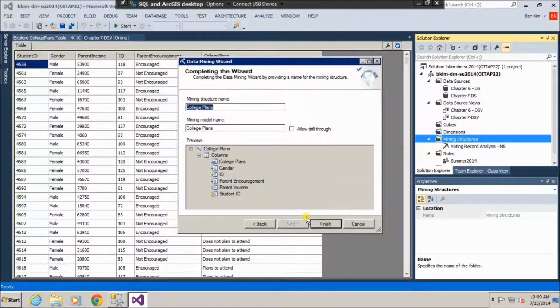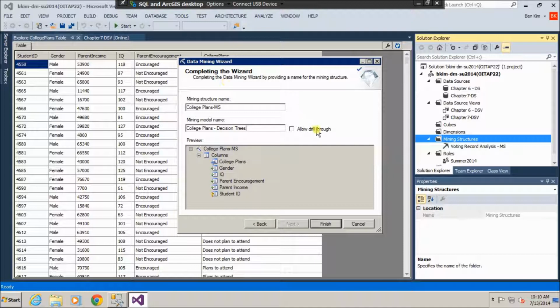So let's give a structure name. College plans. So mining structure, we're going to use college plans using, what is it, decision tree.